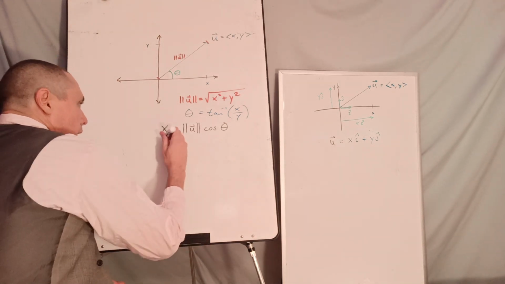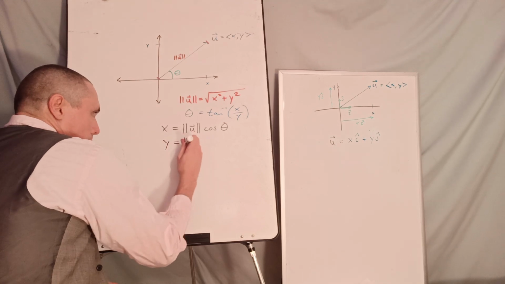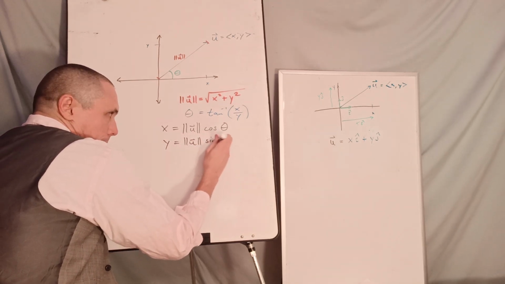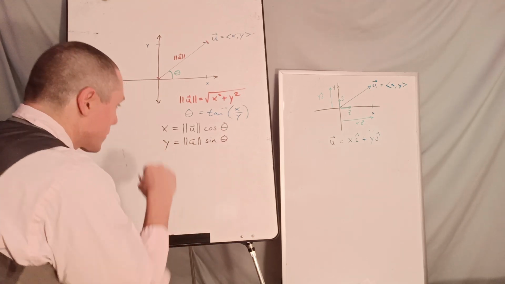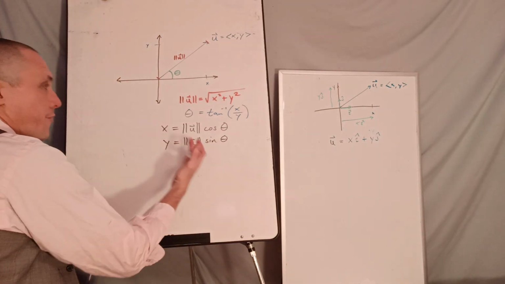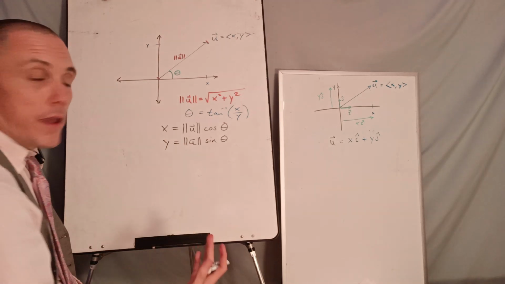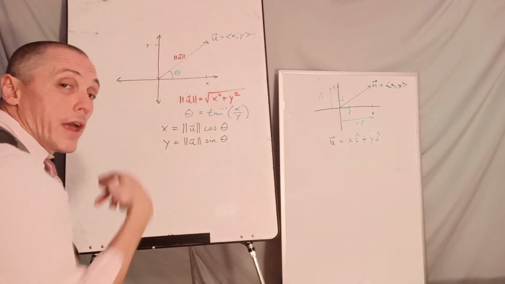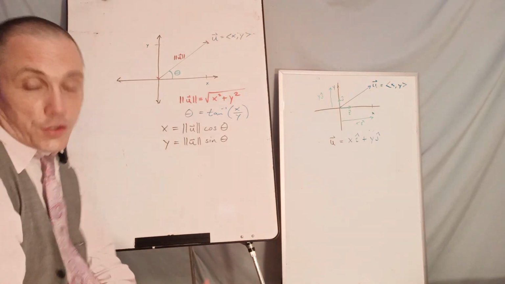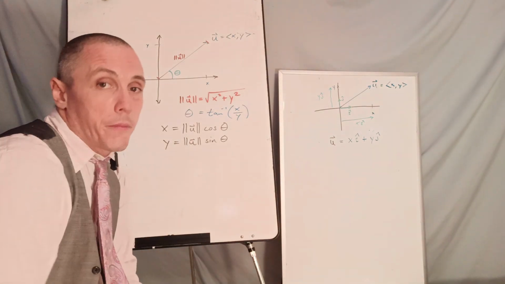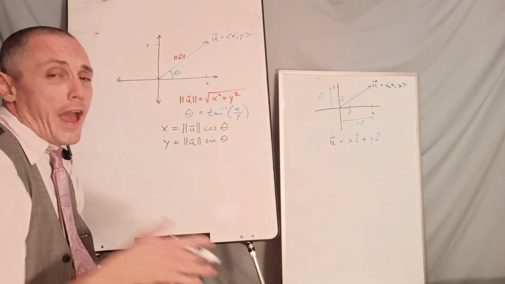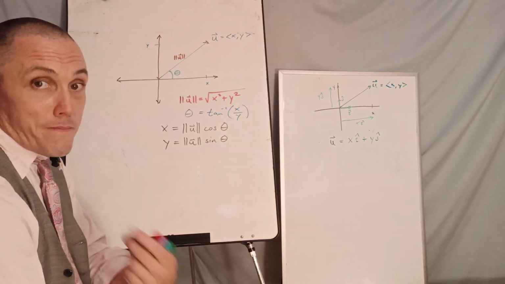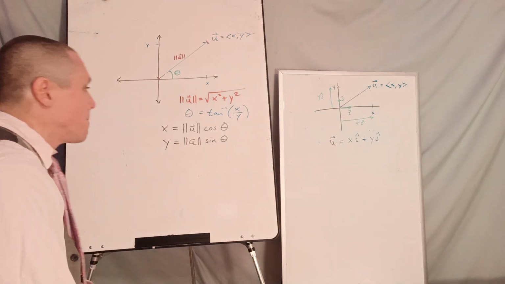And likewise, I could get y the same way, magnitude times sine of theta. And from this, we have a way of taking information given in terms of a magnitude and an angle, which is often, for example, how your physics problems are going to be set up. They're going to tell you the angle of the force with respect to some coordinate system, and they'll tell you the magnitude of the force.